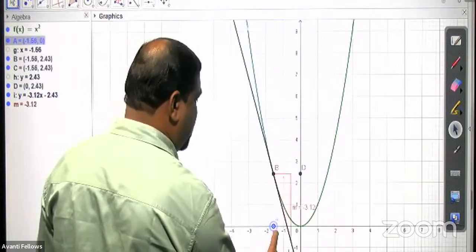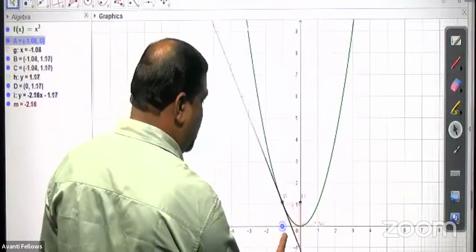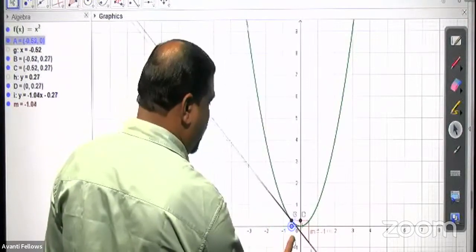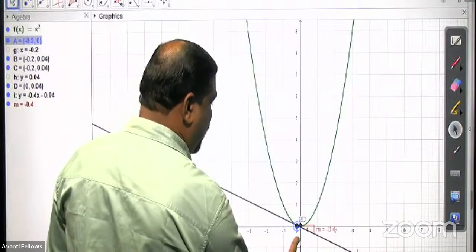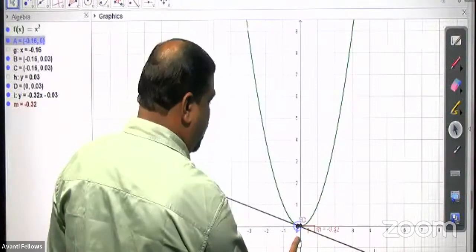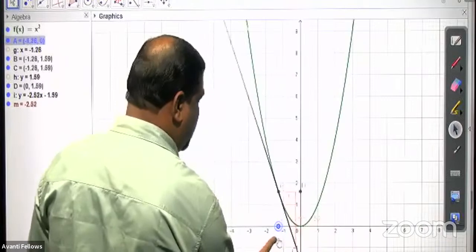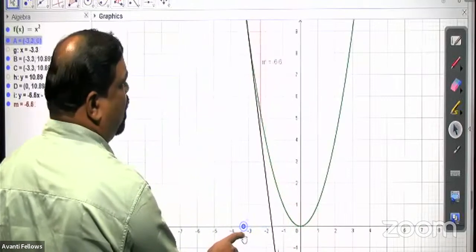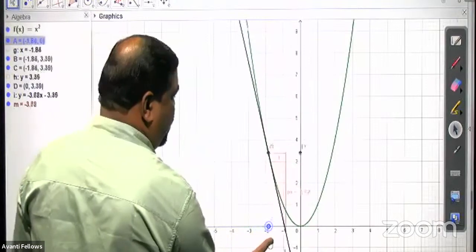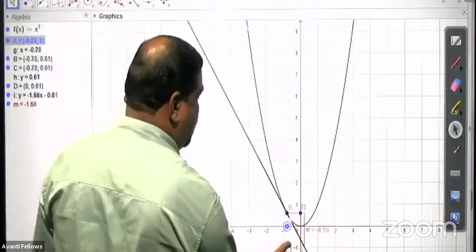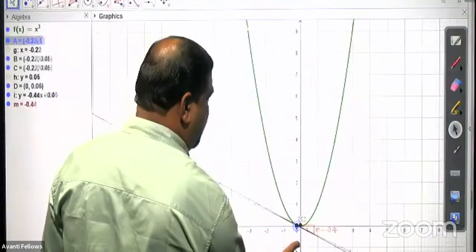Everywhere it is negative only. Less than 0, in the negative domain, the value of the slope is negative everywhere. That means when the slope is negative, the function is of decreasing nature.